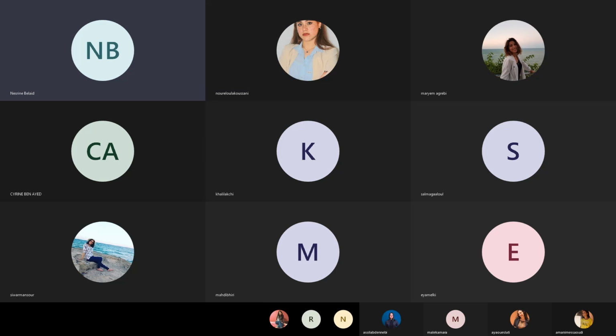So I will try to target some new category of customers. This is what we call target marketing. I will target, for example, people aged from 20 to 30 years old. So this is the difference between targeting and segmentation. Okay, thank you.